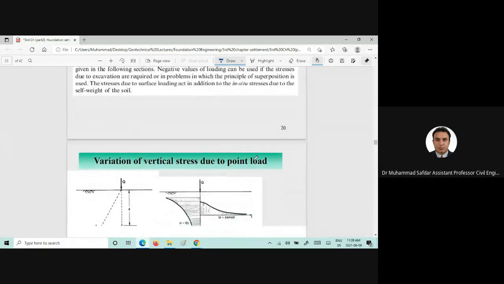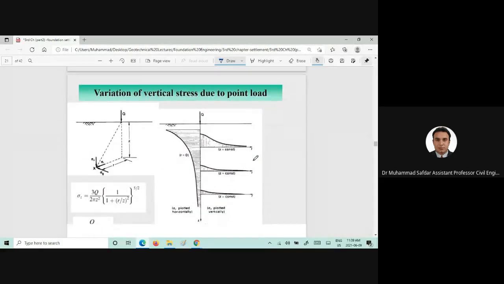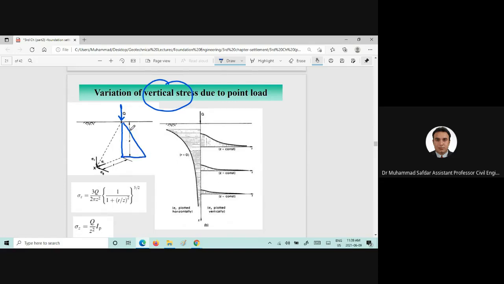Now we will refresh your concept on the variation of the vertical stress, or the stress increase, if a load is applied at this particular point. If there was no load, then we already know that we will be having overburden pressure, which will increase with the increase in the depth of the soil.